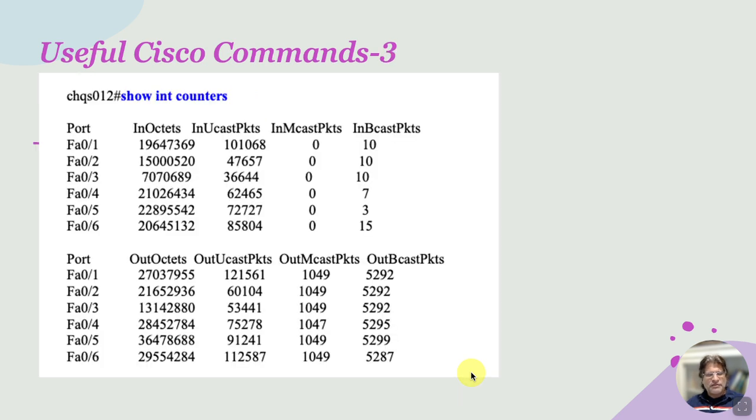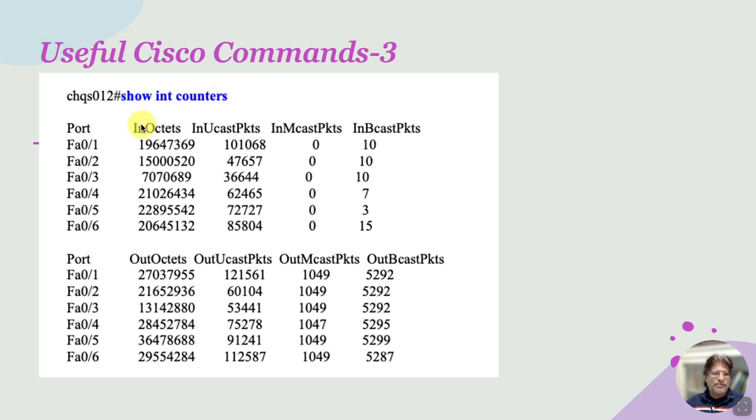The other extremely important command that you can use that I found very useful in the past is show interface counters. Now, I'm just showing you 6 ports in here, but you can see all the ports when you run this command. Show interface counters I find is extremely important. You can reset these counters.